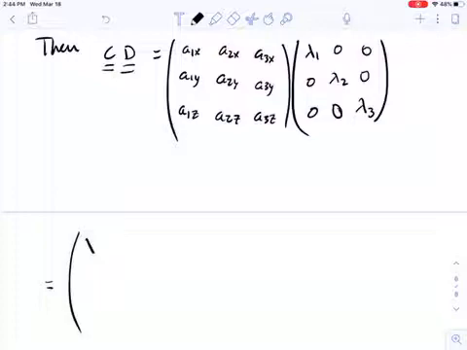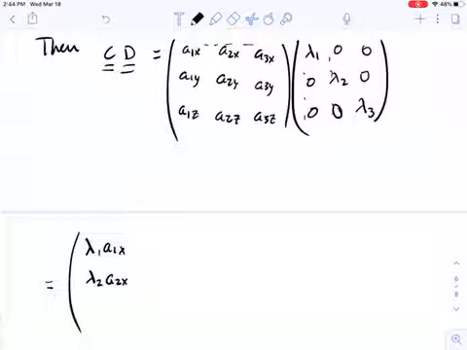So we would first just get lambda 1 A1x. We take the top row and multiply it by the first column. Then we take the top row and multiply it by the second column, and we're just going to get lambda 2 A2x.